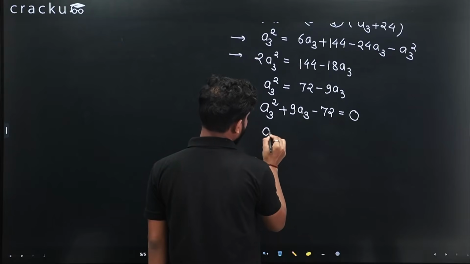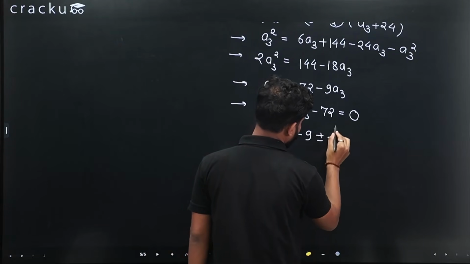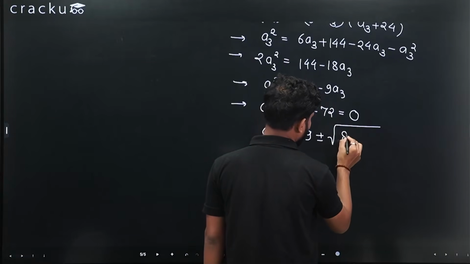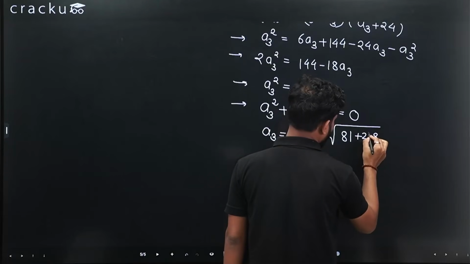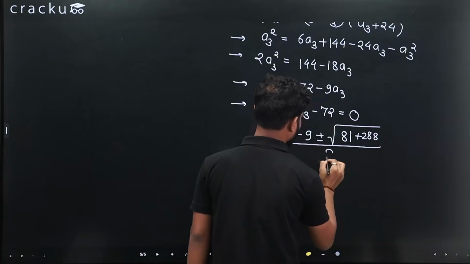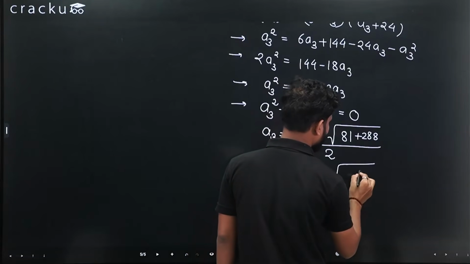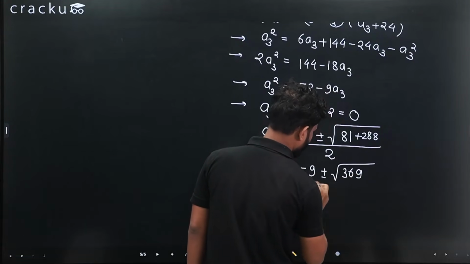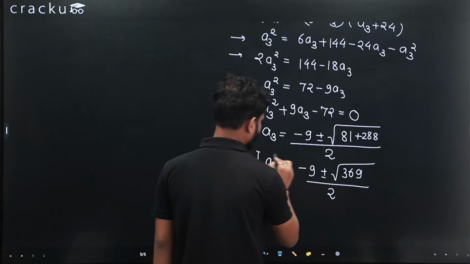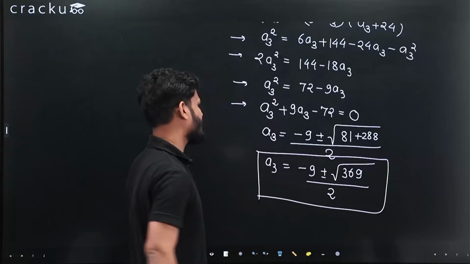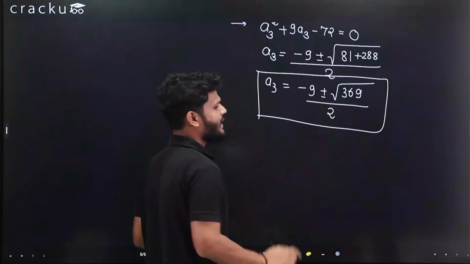I can say A3 is equal to minus 9 plus minus square root of b square minus 4ac, which is 81 plus 288, divided by 2. So this is minus 9 plus minus square root of 369 divided by 2 will be A3. Right?